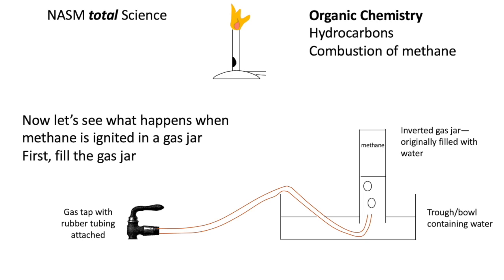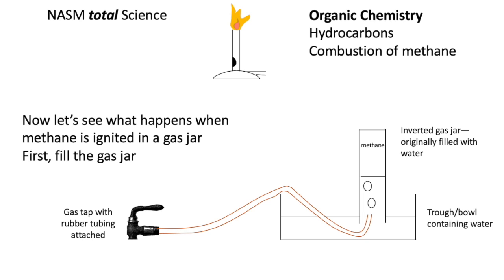The gas jar's filled with water, a lid put over it to invert it so that it opens in a trough with water in it, and have just rubber tubing joined to the gas tap. But it's best not to put the tubing straight under the gas jar, because remember, there will be air in the rubber tubing, so just let that escape into the air before you collect the gas.